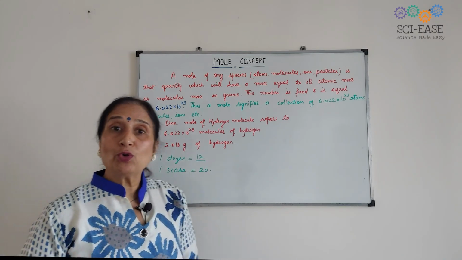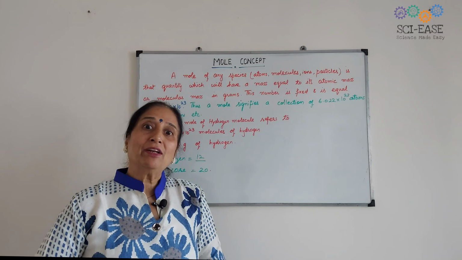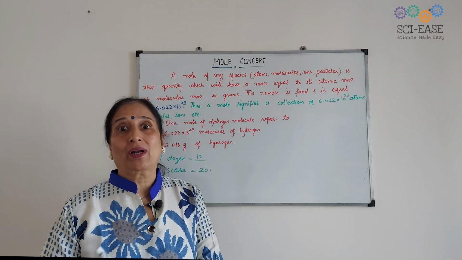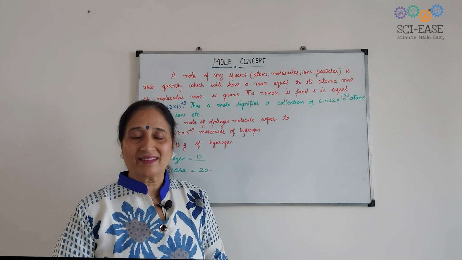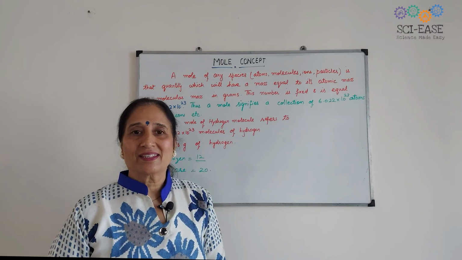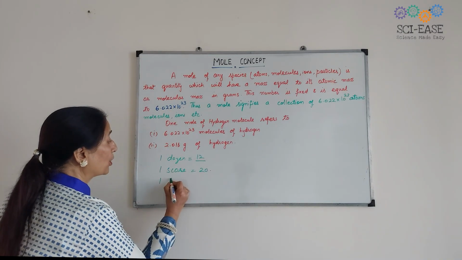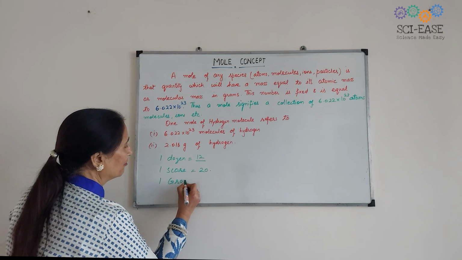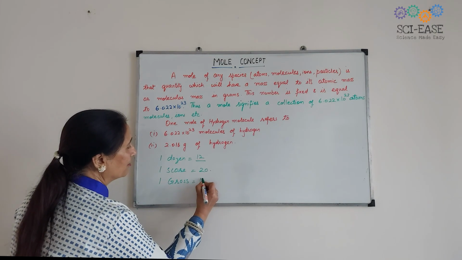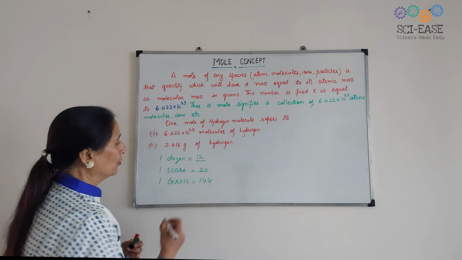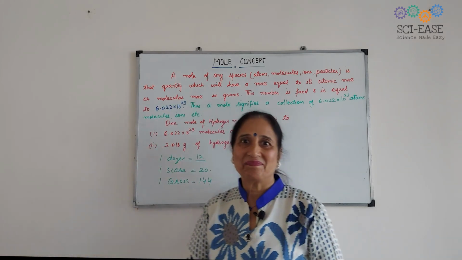And if we want to buy 144 erasers or pencils, what will we say? That we want 1 gross, which is equal to 144 erasers.